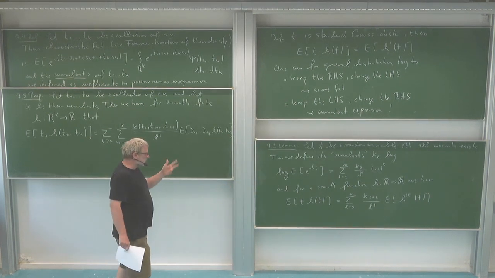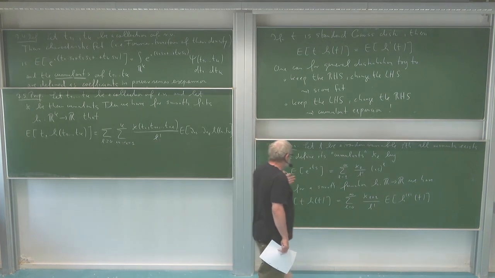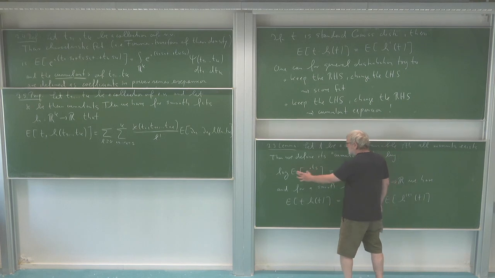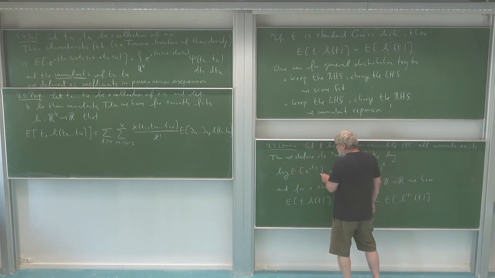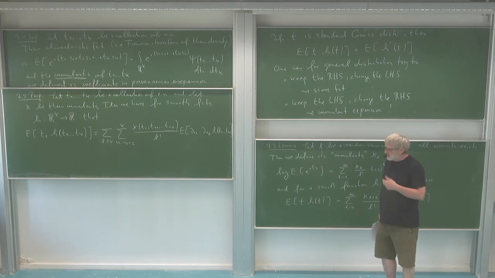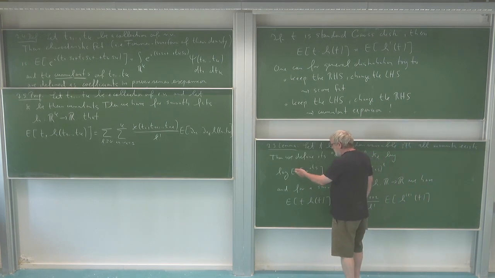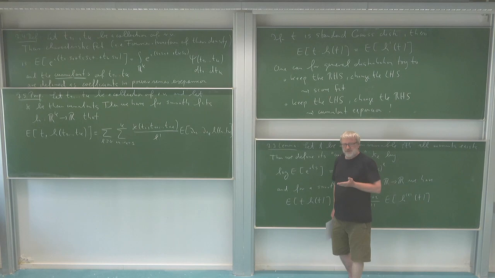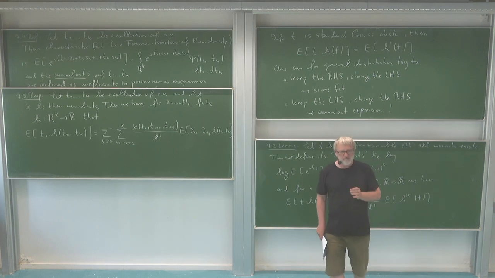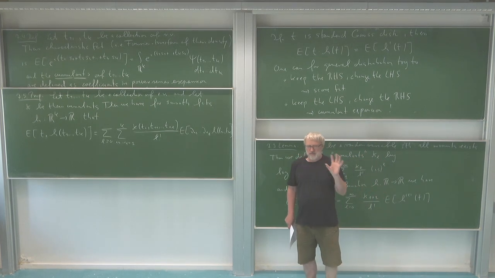But of course, what we are doing here is relating the coefficients in the characteristic function with the coefficients in the logarithm of the characteristic function. The coefficients in the characteristic function are the moments, and the cumulants are defined as the coefficients in the power series expansion of the logarithm. So this means the cumulants should be some functions of the moments and the other way around.